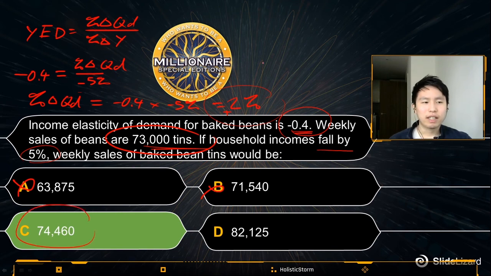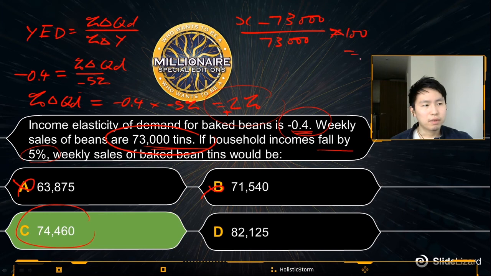But if we need to write it out, we can do the new value, which we don't know, as x, minus the old value, 73,000 tins, divided by the old value, 73,000 tins, times 100, equal to 2%.